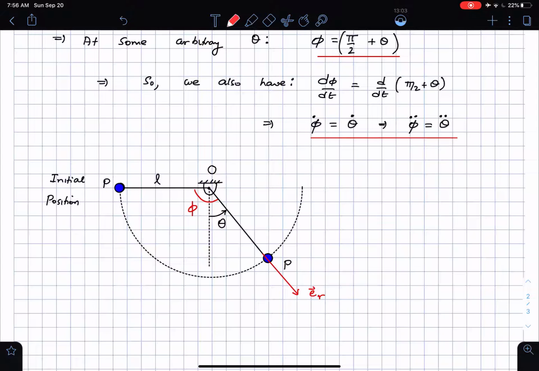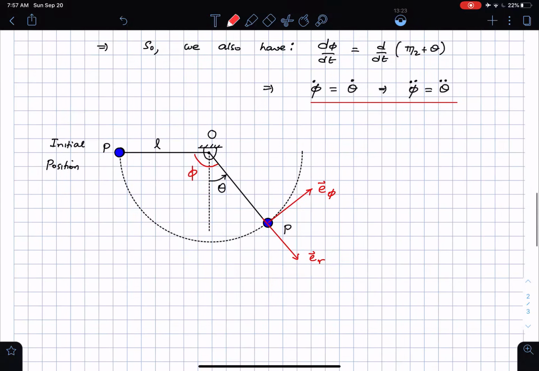This is the length of the pendulum, which is a fixed length L, and then E phi is going to be in the direction of increasing phi, tangent to the path. That is important to know as well. So this is tangent to the path, and this is E phi.